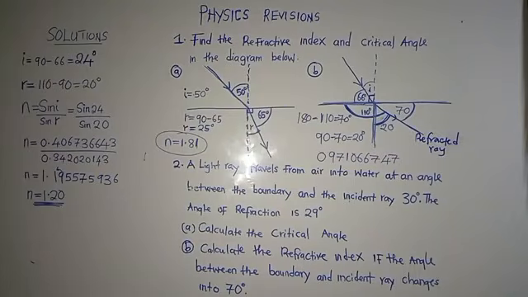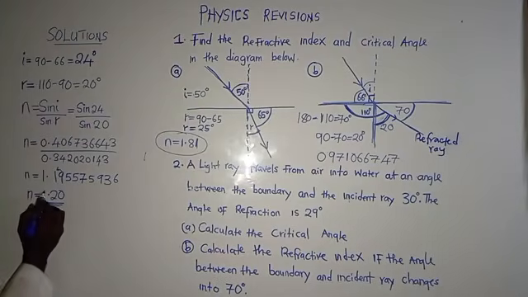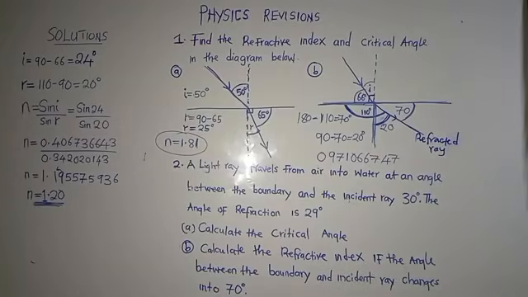When it becomes a 10, it gives away a 1 to the number before it. That one becomes a 2, and itself becomes a 0. So this is what is happening. The answer is 1.20. This is the refractive index.